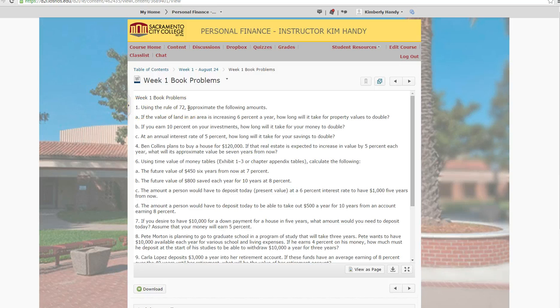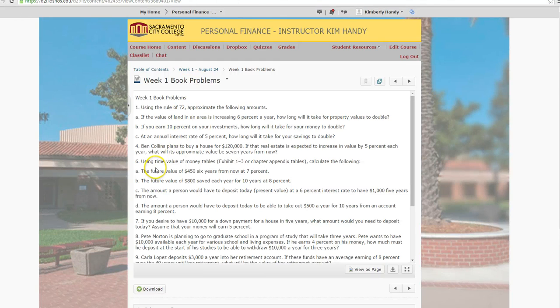And your first instinct will be to say, well, I don't know anything about the rule of 72, and I don't recall her talking about that. And you would be right. So what you're going to need to do is look it up on the internet. What is the rule of 72? And you will find out that this calculation is very simple, very powerful, but very simple. And I want you to, again, take the initiative and solve this on your own.